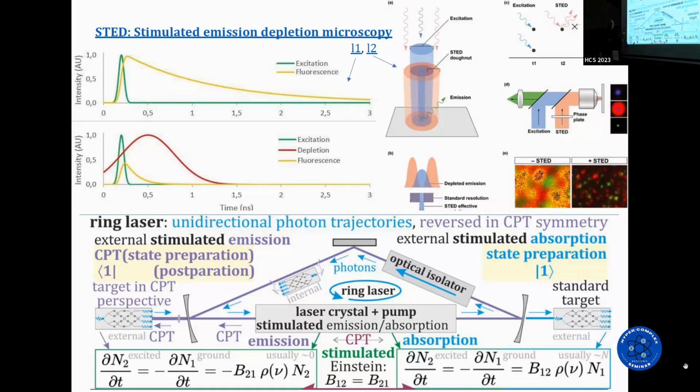We usually see only this equation, only excitation of the target, because N2 is usually very small. Usually we have mostly ground state targets. But if we excite the target initially, then this equation becomes essential.